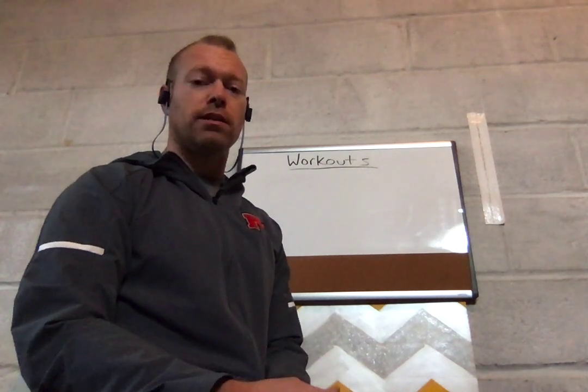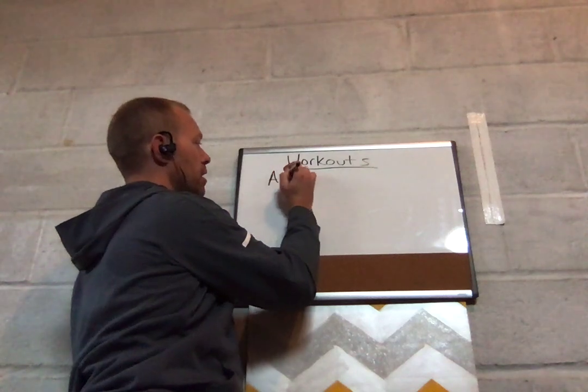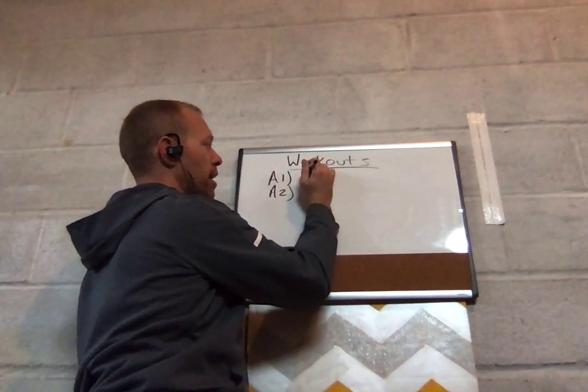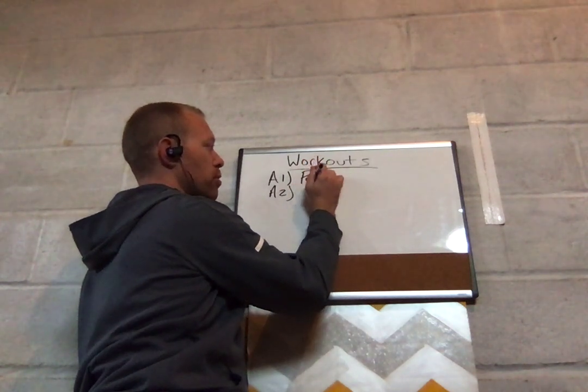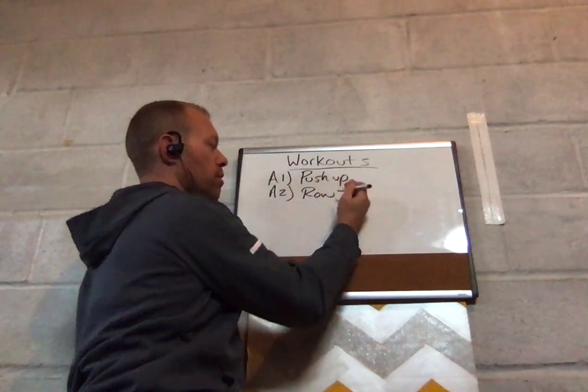The first thing we'll talk about is how the exercises are written down as far as their sets. So what we typically do is we'll have an A, possibly an A1 and an A2, and then we'll have the exercise. So let's just say a push-up, for example, and then a row, for example.